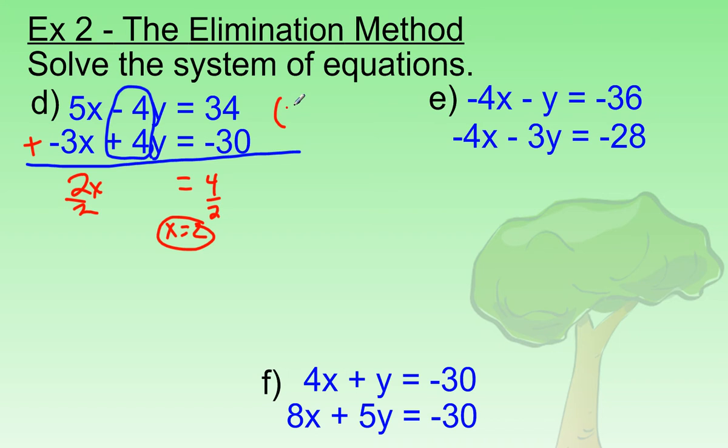Okay, so I have the x value is 2. I'm looking for the y value. So I'm going to take that x of 2 and plug it into one of my equations. I'm going to use the top one. So 5x minus 4y equals 34. The x value is 2.